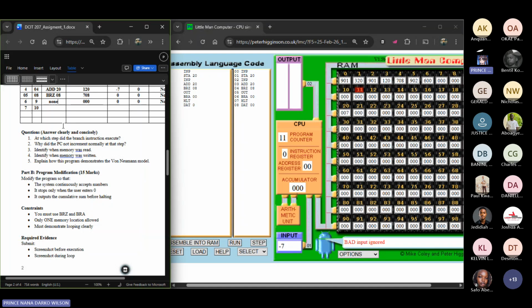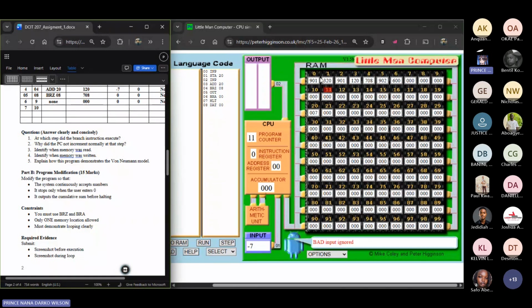In the same mailboxes where we were storing data, the instructions that were inputted first were stored sequentially, starting from mailbox 0 all the way to mailbox 8. The very same spaces where we held our data, the LMC, Little Man Computer, stored the instructions as well. And at address 20, the data that we inputted is also being held.